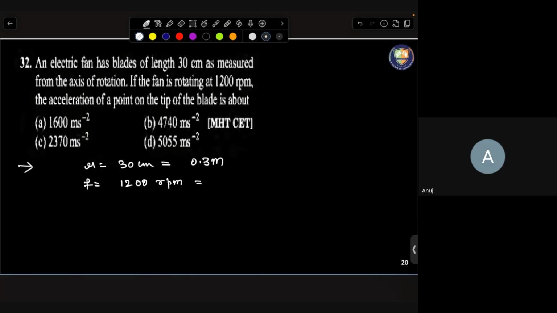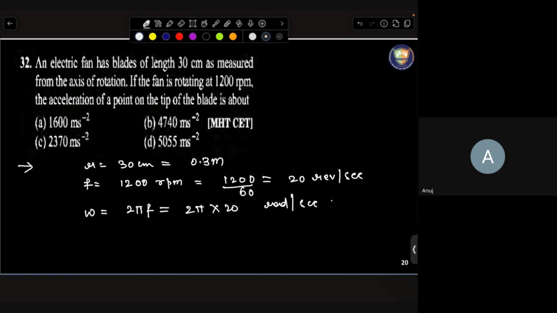If you want to find it in revolutions per second, it will be 1200 by 60, which is 20 revolutions per second. We know angular frequency is 2 pi f, which is 2 pi into 20 radian per second, which is nothing but 40 pi radian per second.